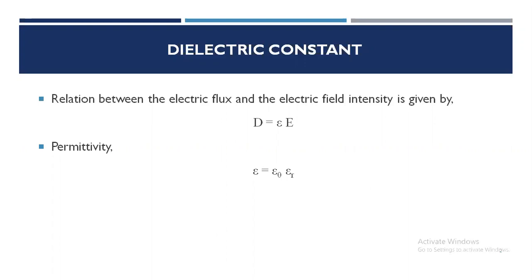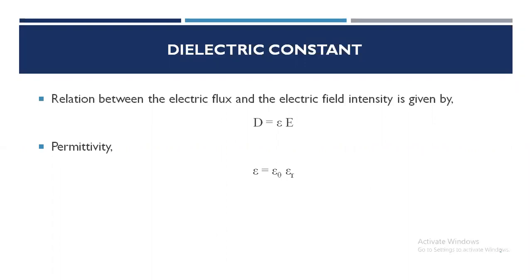If the medium in which the electric field is applied is free space or vacuum, the proportionality constant in the second equation, that is epsilon equals epsilon 0 into epsilon r, is called the dielectric constant of the vacuum.